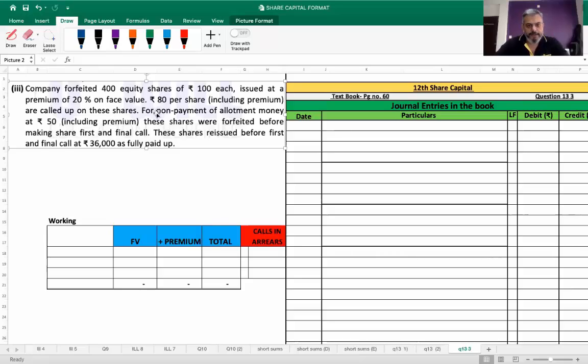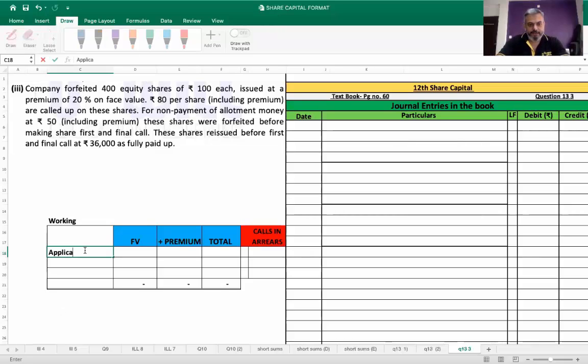For non-payment of allotment money at rupees 50 including premium, these shares were forfeited before making the first and final call. These shares were reissued before first and final call, at rupees 36,000 as fully paid up. Underline, fully paid up. Now let's do the working.